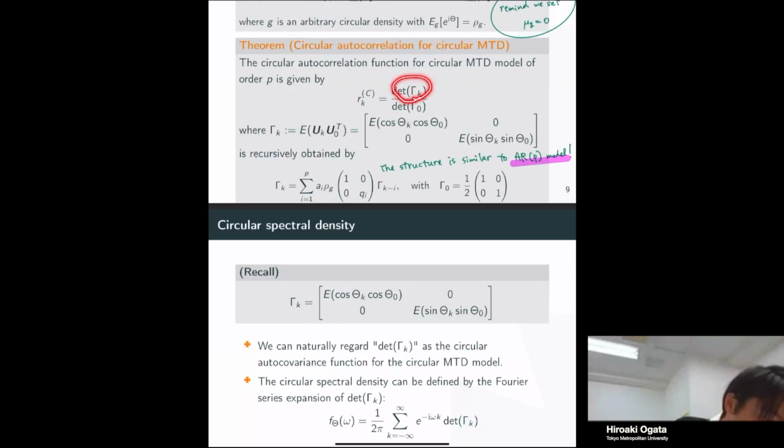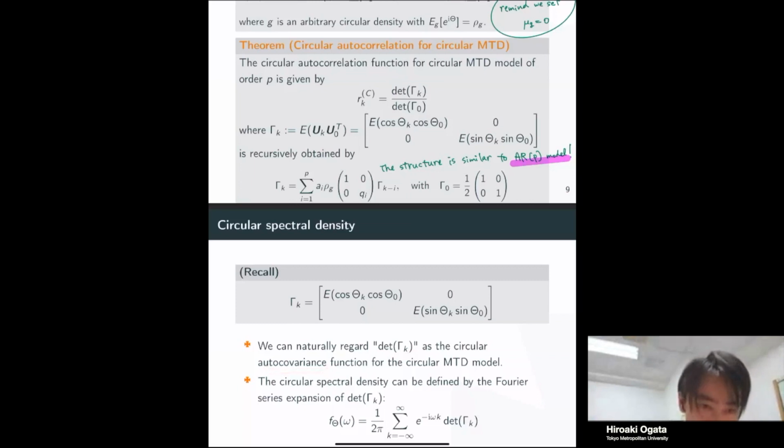So it is natural that we regard the numerator part as the autocovariance, not autocorrelation, the autocovariance function for the circular data. So we can regard the determinant of Γ_k as the circular autocovariance function.